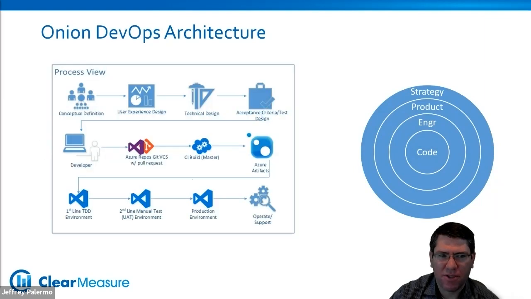And just to ground you, if your mind thinks better in Kanban form, then this is the overall process view, and each of these pieces of the process can be represented as a column on your Kanban board. So we are in the middle with developer and our Azure Repos, Git, VCS, and that's where we are.